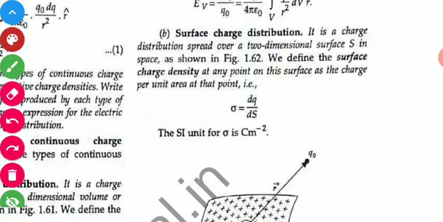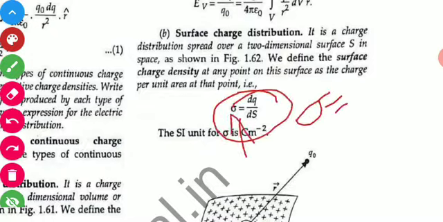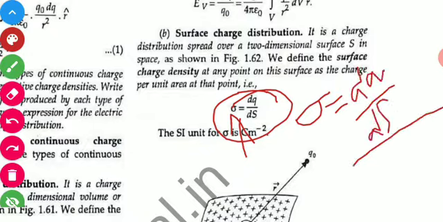It is the ratio of charge which is spread over the surface per unit area. Now here is the formula. Sigma is equal to, sigma is the surface charge density. Sigma is equal to dq upon ds.